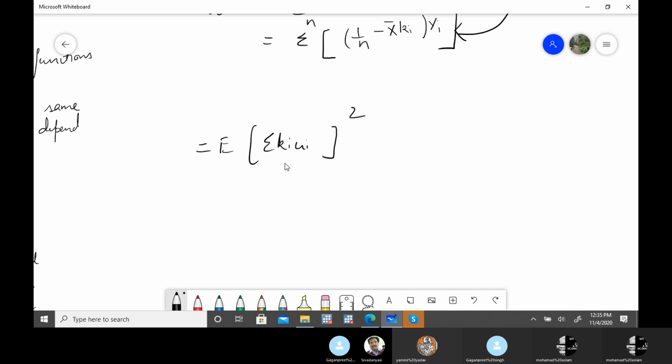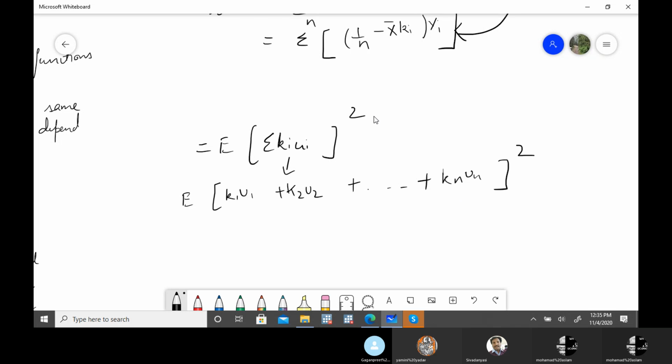So here you have to break down this term to see what it means. It means expected k1 u1 plus k2 u2 plus up to kn into un, and its square. That means the summation of all these terms and its square.